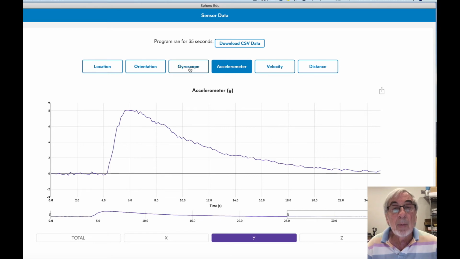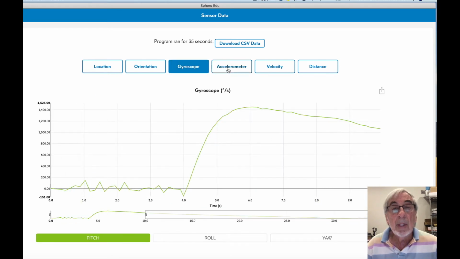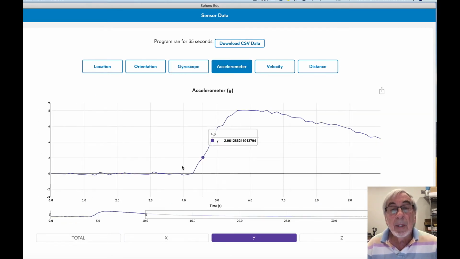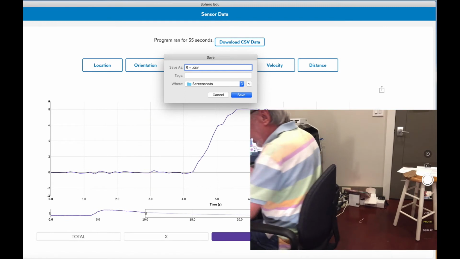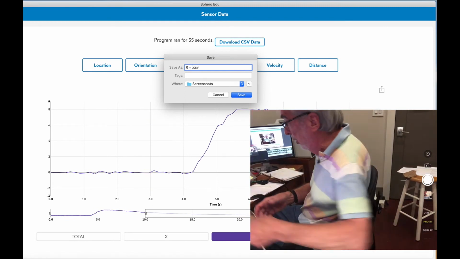So we've got the gyroscope data here and the accelerometer data here, but we want to get the actual numbers because each one of these clicks here is a data point set. So I want to download the CSV data sitting there, and I'm going to call it something. I'm going to call it R equals, and I'm going to measure now. I forgot to measure it when I did that last thing.